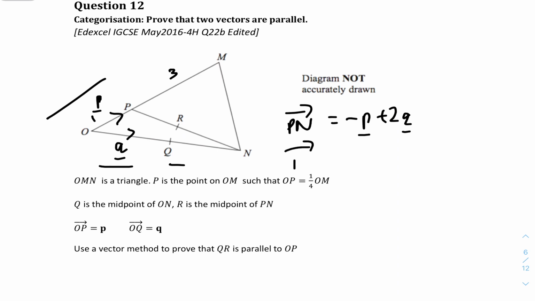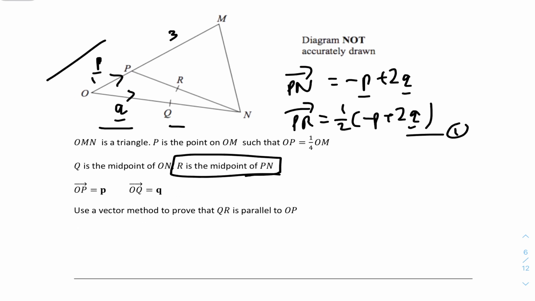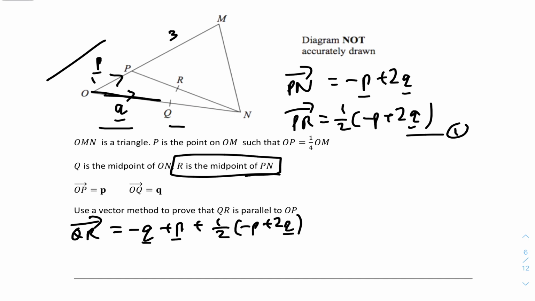That means that PR is a half of that, right? PR, because we know that R is a midpoint of PN from here. So that's PR. So QR is basically, this is Q, so this is minus Q plus OP, which is P, plus 1 over 2 times minus P plus 2Q, like so.